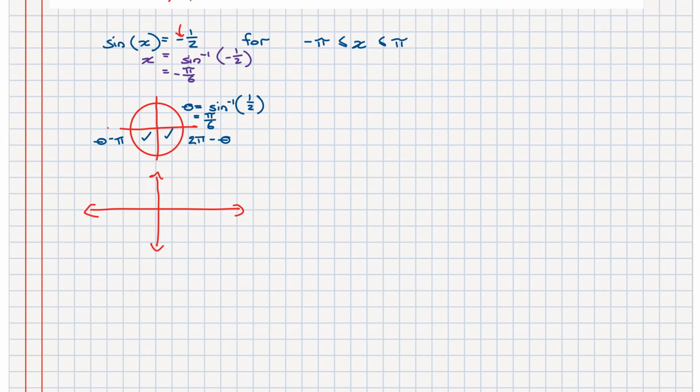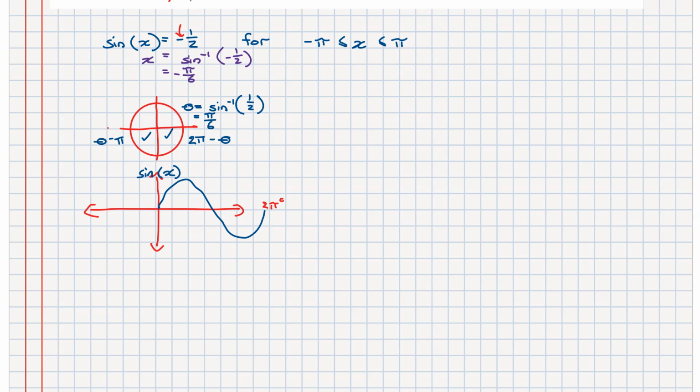So if we graph just the basic sine of x, from 0 to 2 pi, we're going to go up, then down, then up, and we'd say that that's 2 pi radians there.